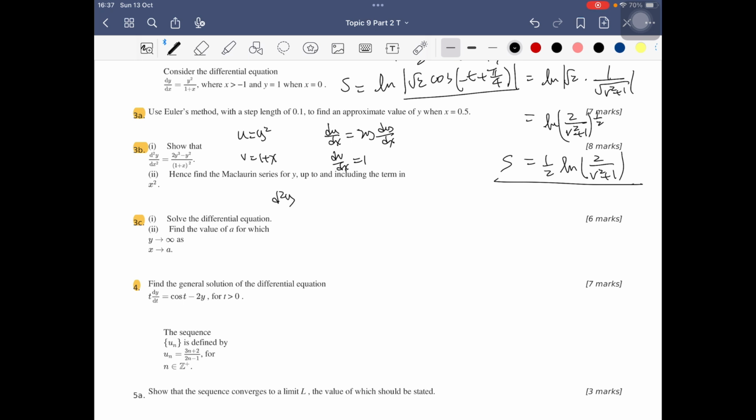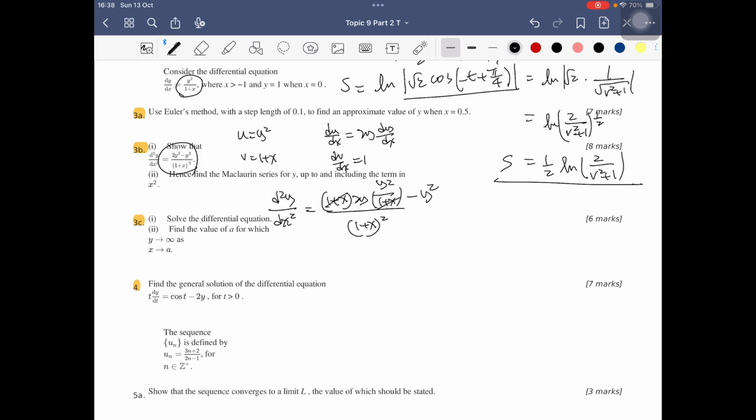So d squared y over dx squared becomes the denominator 1 plus x squared, and the numerator is 1 plus x times 2y dy over dx, which is this, so y squared over 1 plus x minus y squared.